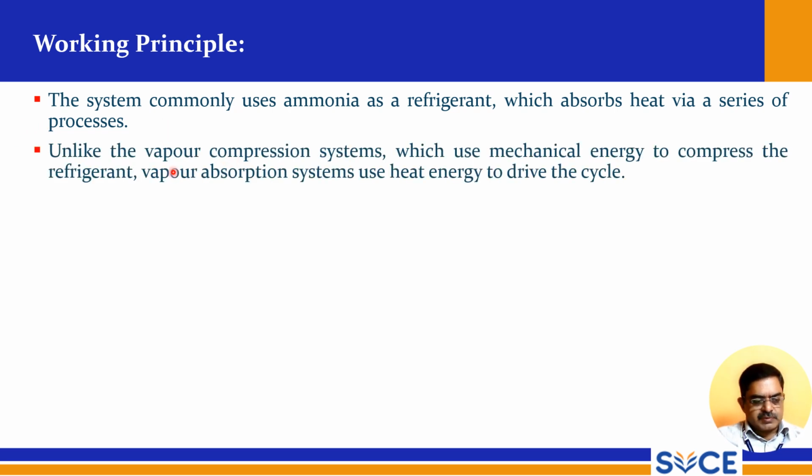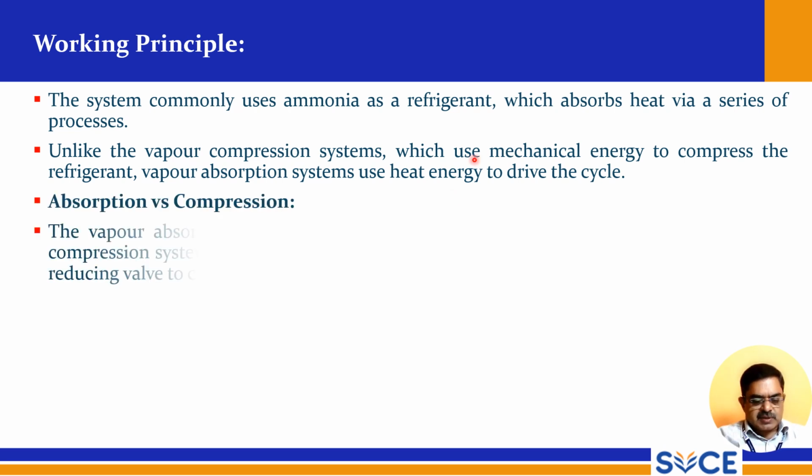Unlike the vapor compression system, which uses mechanical energy to compress the refrigerant, vapor absorption systems use heat energy to drive the cycle. Here it is a little contrary to the vapor compression system. Instead of compressing the refrigerant, we are using heat energy to drive the cycle. That is the basic principle of the absorption system.